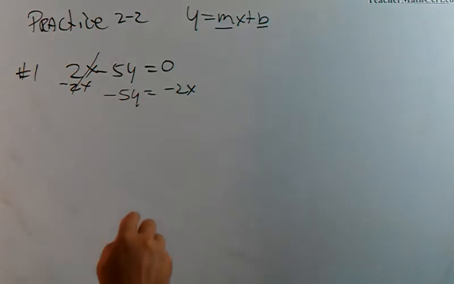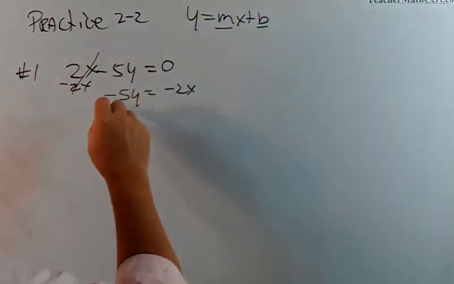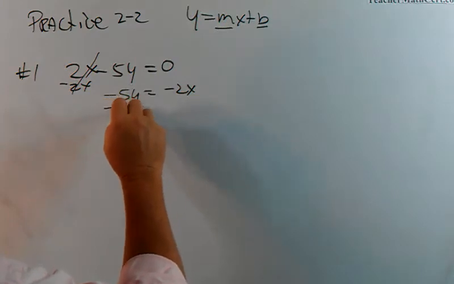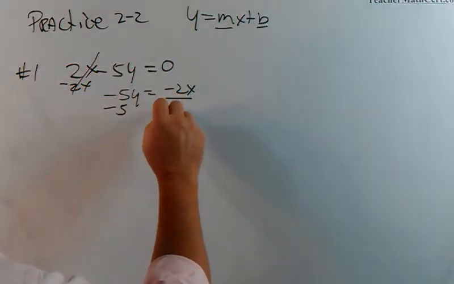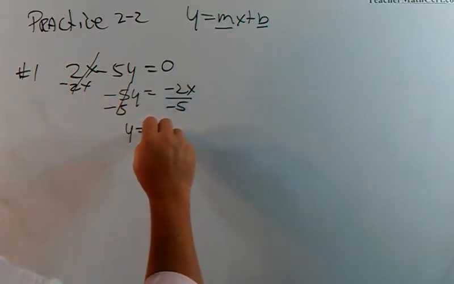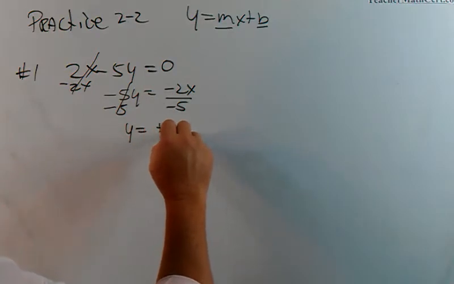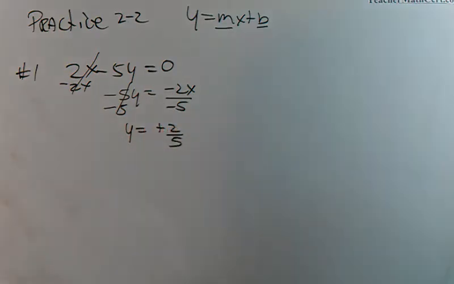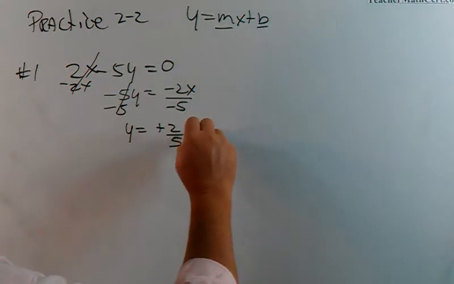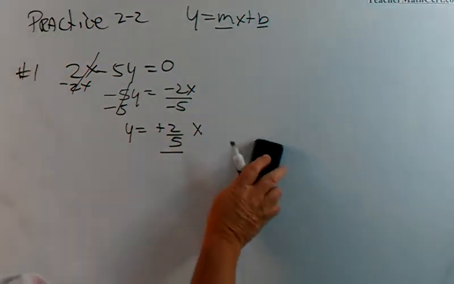It has to be in the form y equals mx, not negative y, so we divide both sides by negative 5, and that cancels out. Negative divided by negative is positive 2 over 5. So y equals 2/5 x, and that is the slope. That's number 1.